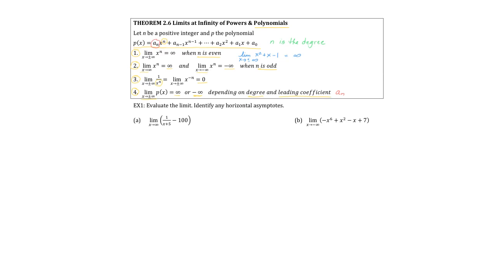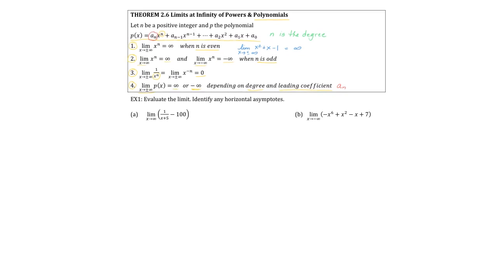Let's go ahead and evaluate a few limits. In this first one, all I'm going to do is plug in infinity so you can see what it looks like. So this is going to be 1 over infinity plus 5 is just infinity minus 100.